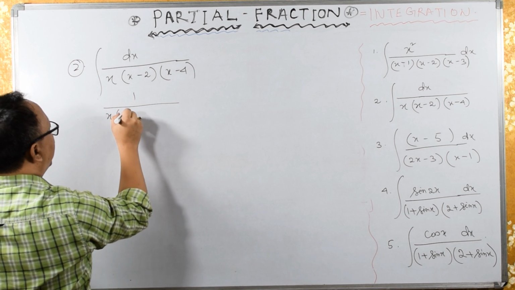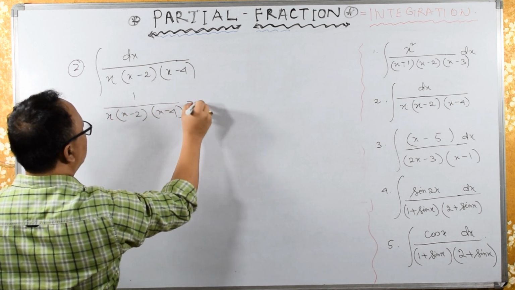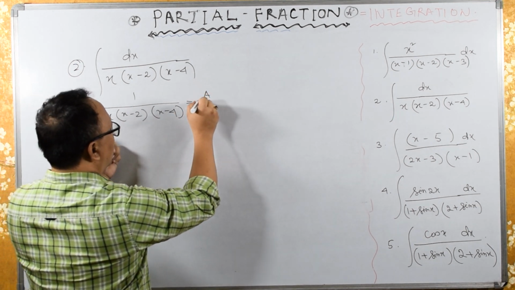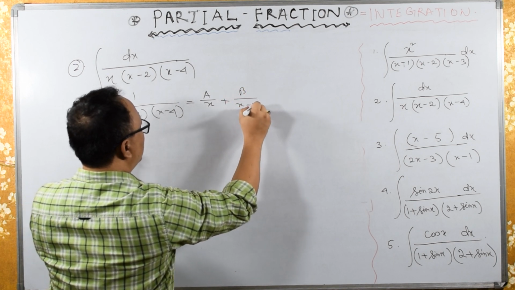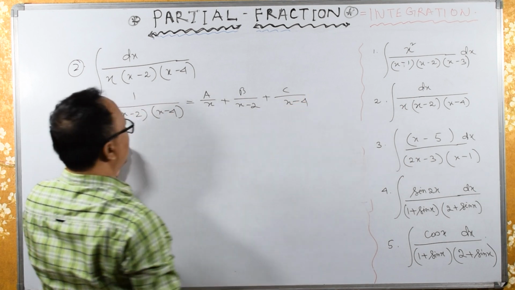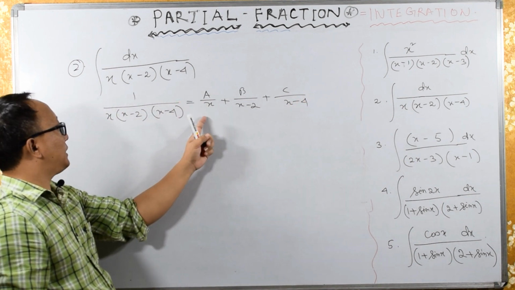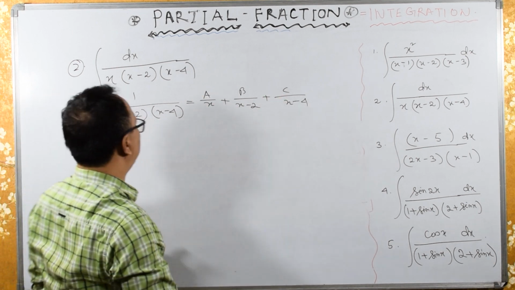x into x minus 2, x minus 4, equals, I can choose some constants: a with respect to x, plus b with respect to x minus 2, plus c with respect to x minus 4. Here I assign arbitrary constants: a upon x, b upon x minus 2, c upon x minus 4.